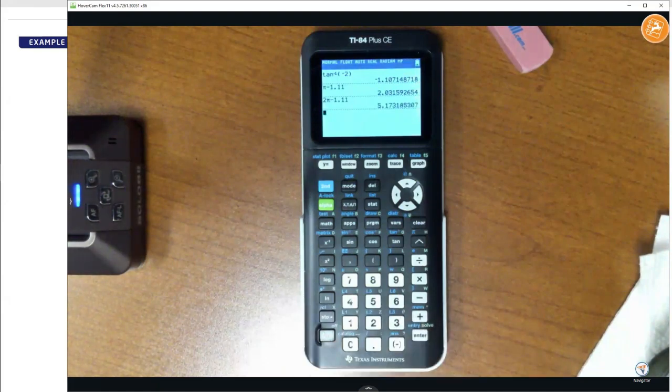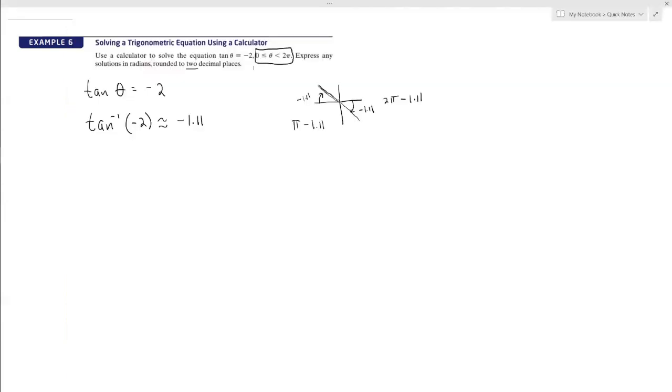And for the second, 2 pi minus 1.11 gives 5.17. Okay, so our solutions that are within the interval 0 to 2 pi are going to be 2.03 and 5.17 radians.